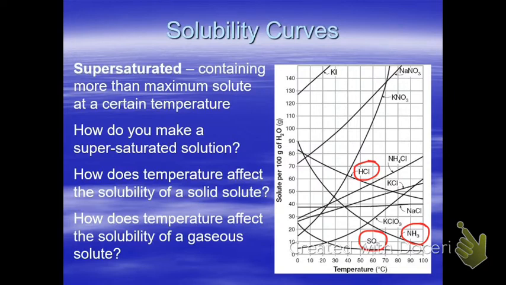Aside from the fact that we like to have cold drinks, we also keep them cold because more carbon dioxide will be dissolved, and so they'll be more carbonated. We typically like our sodas to be well carbonated. We don't want them flat. So a gaseous solute has the opposite effect with temperature.